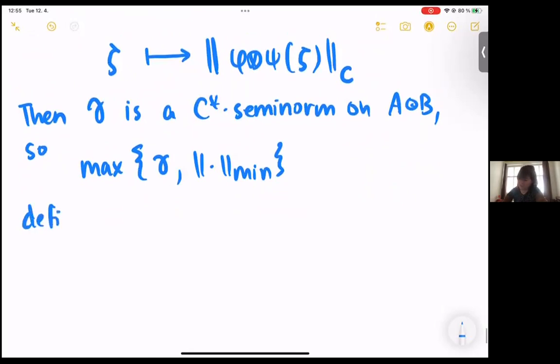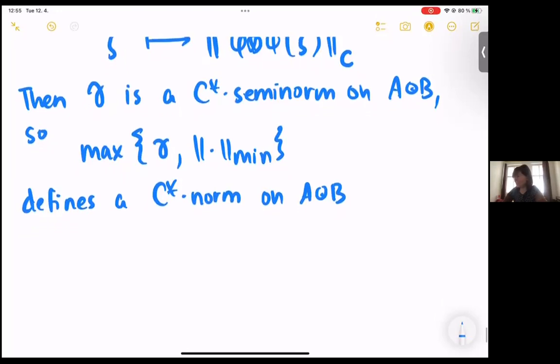This defines a C star norm. The fact that we've taken the max with the min, and the min is in fact a C star norm, will enforce the positive definiteness condition, and we do indeed get a norm.